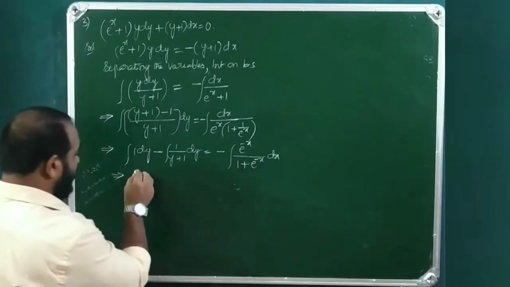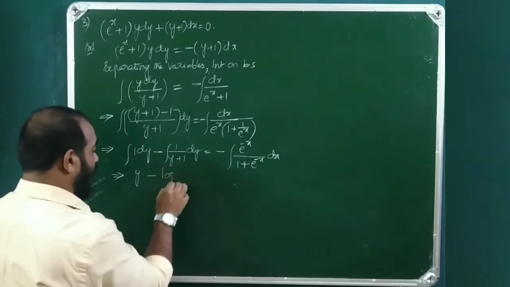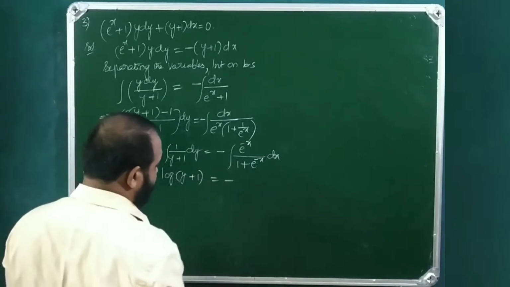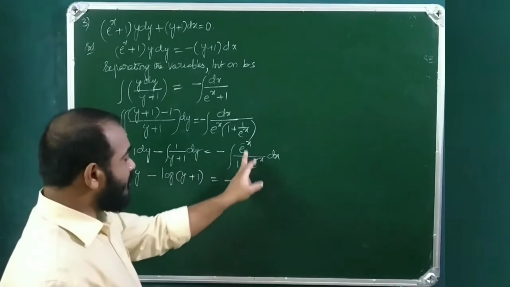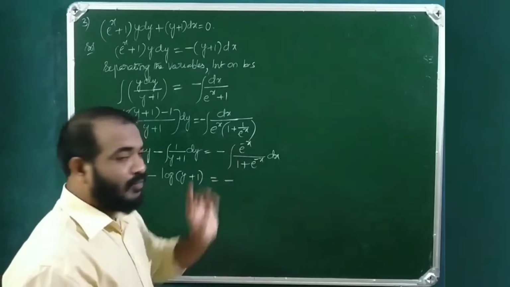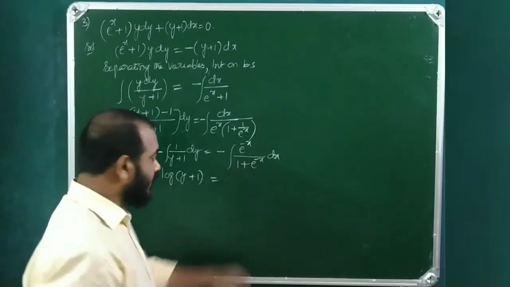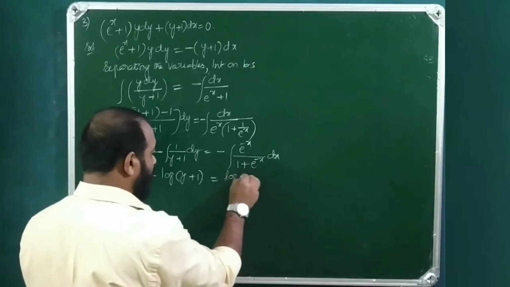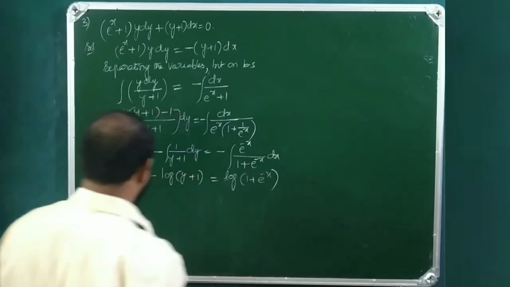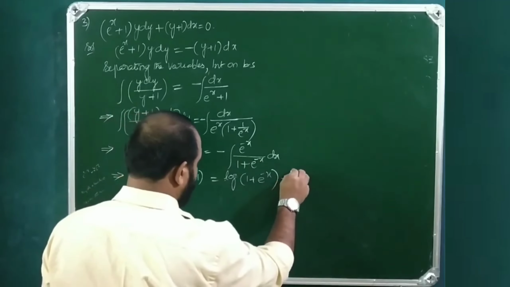This integral 1 dy is y, minus 1 by y plus 1 is log y plus 1, equals to minus 1 plus e power minus x, derivative is 1, derivative is 0, e power minus x is minus e power minus x. Therefore, this is f dash x by f of x, log f of x. So, log 1 plus e power minus x plus constant of integration c is to be added.